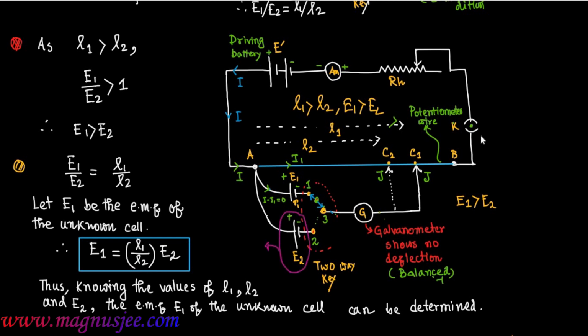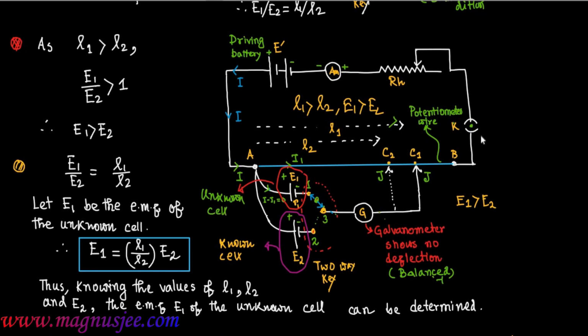In the diagram, E2 is the EMF of the known electric cell connected to the potentiometer, and E1 is the unknown electric cell.